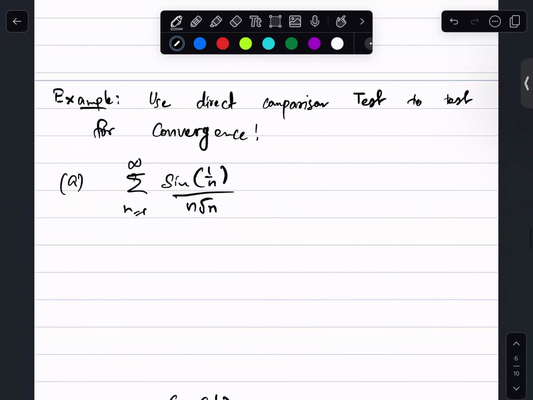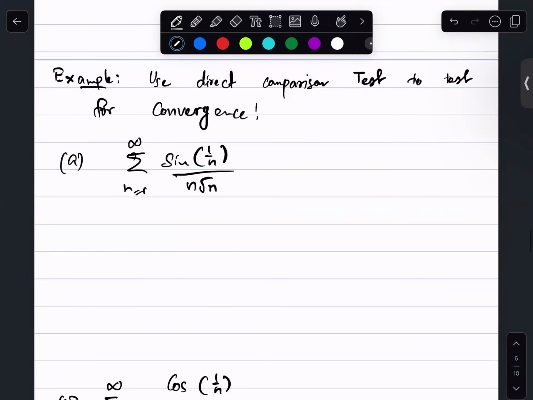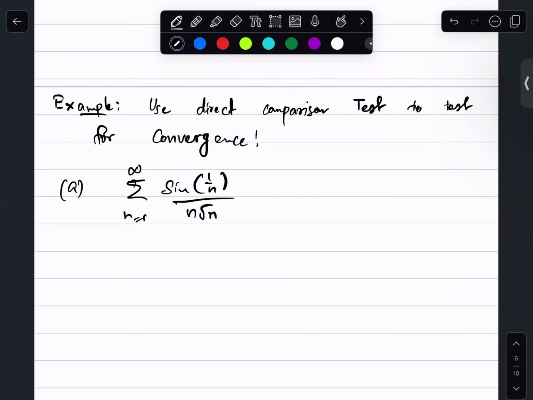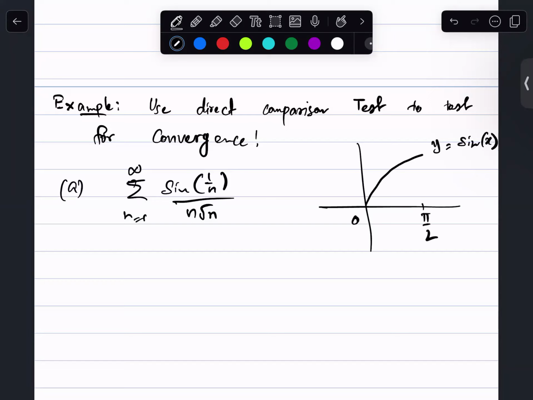For the next set of examples, again we have to see if the series are convergent or divergent using a comparison test. So this time I have sine 1 over n. Remember, sine curve looks like this, right? This is y equal to sine x, and this may be pi over 2, 0.